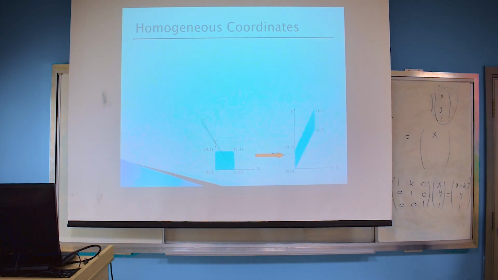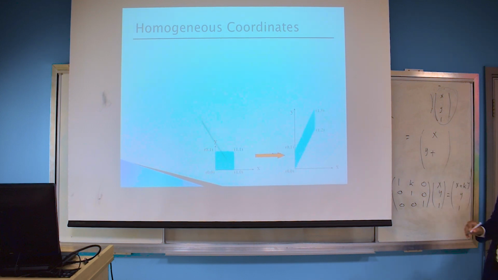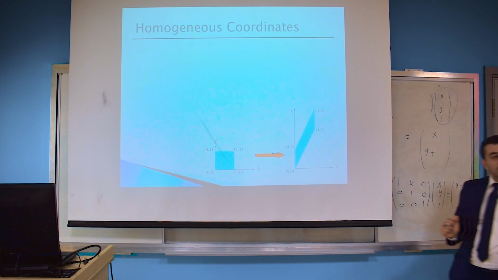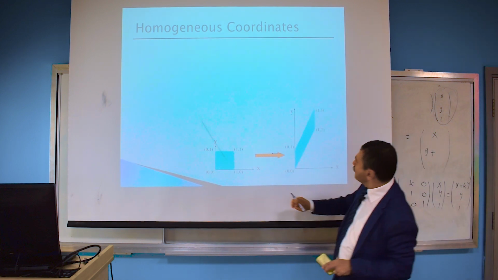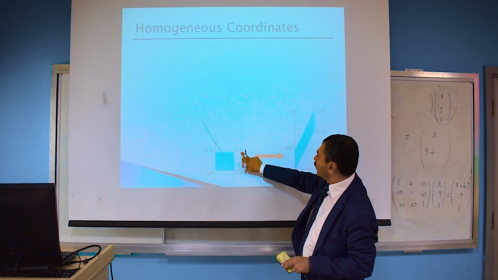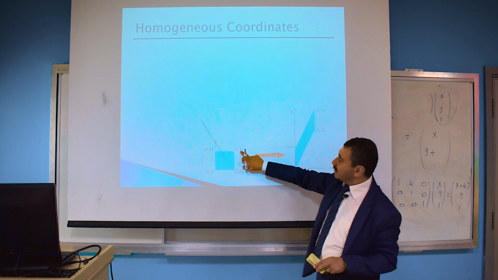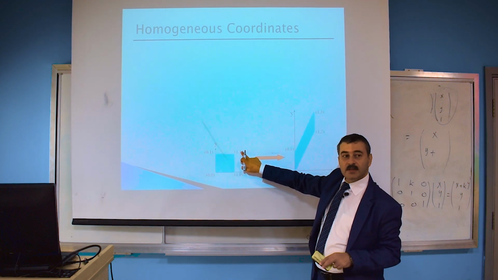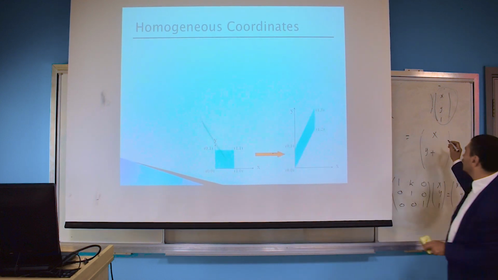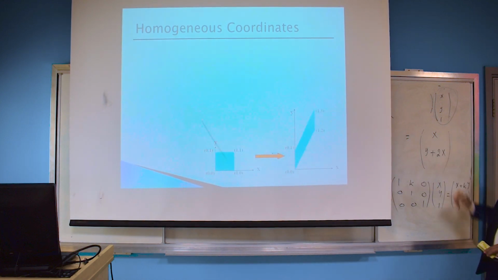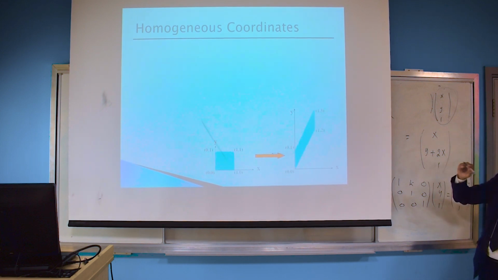What about y? You added a portion of x to y. How much do you add to y? For example, this point, 1 on 1, becomes 1 and 3. So you add to the original y, 2 times the original x. 2 times x. Right? Then write the matrix.